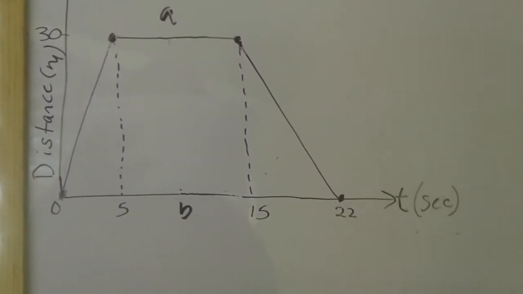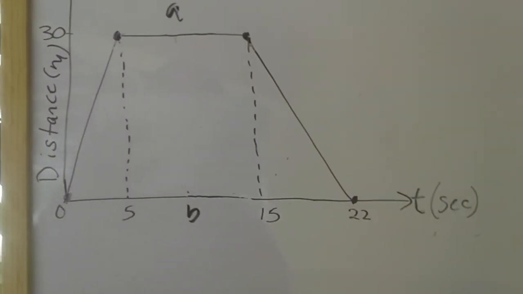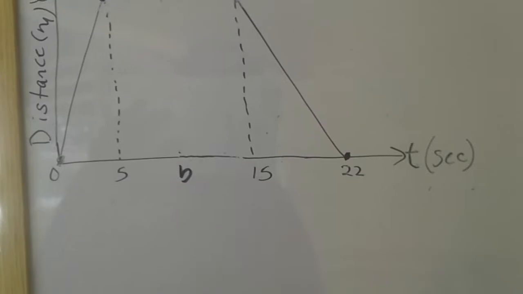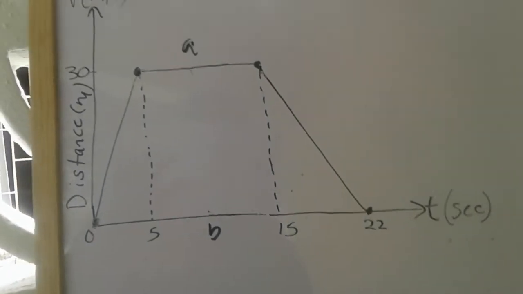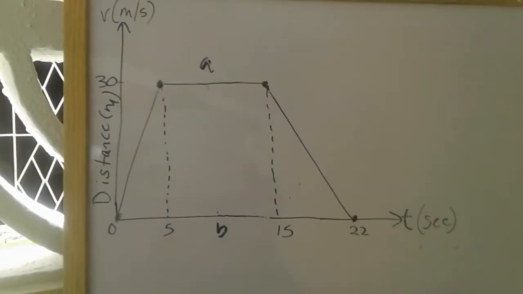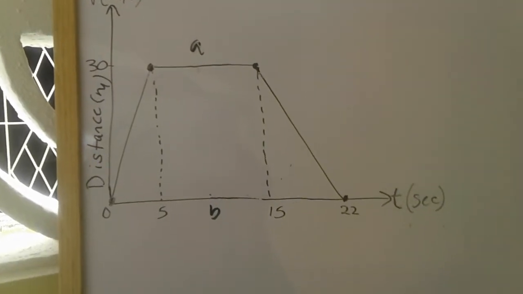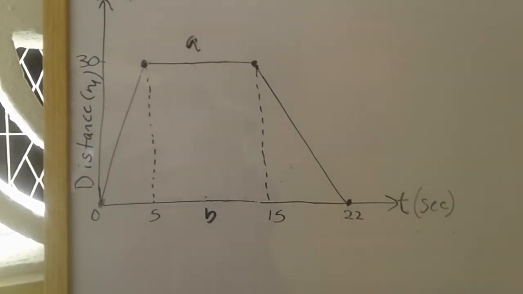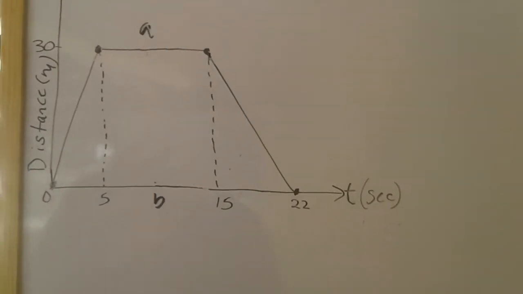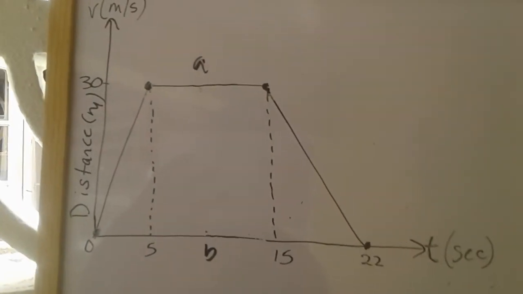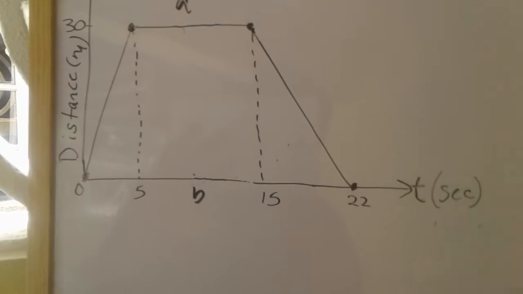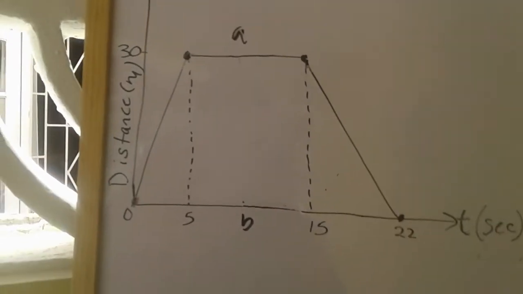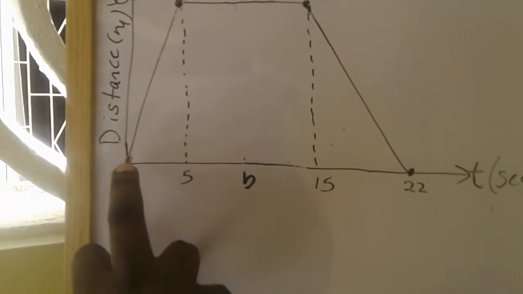We're given a velocity-time question based on the diagram that we're seeing, where velocity is mapped against time. It says that a motorist travels from rest. So here is where rest would be, right here.